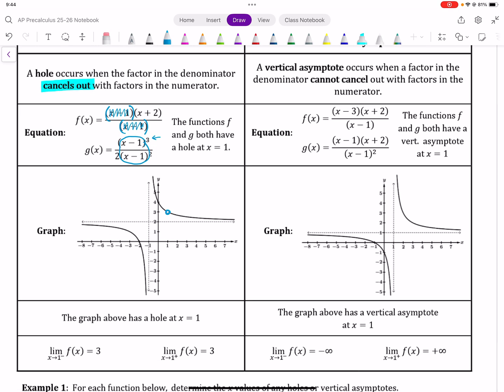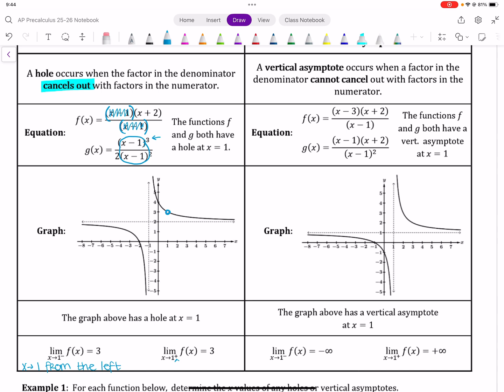And then when we are looking at limits, we can do left-sided limits and right-sided limits. So this is the limit as x approaches 1 from the left. That's what the negative sign as an exponent means.